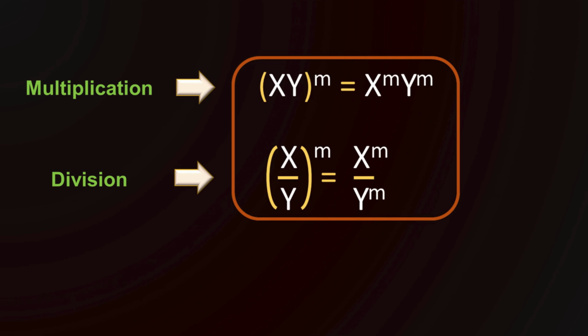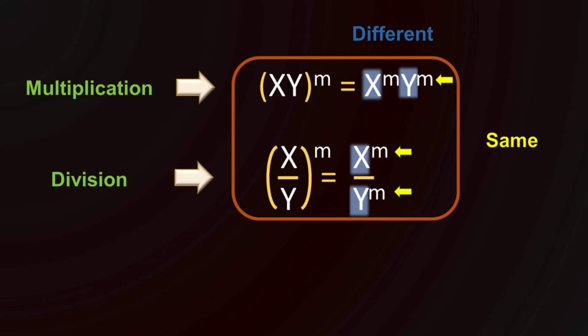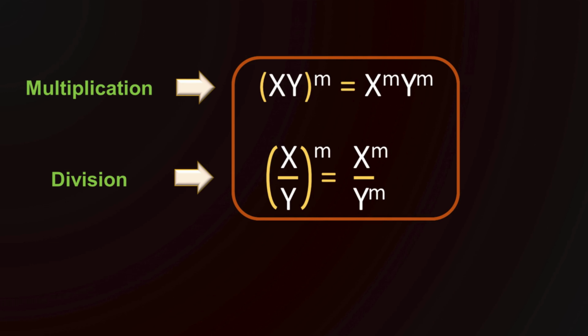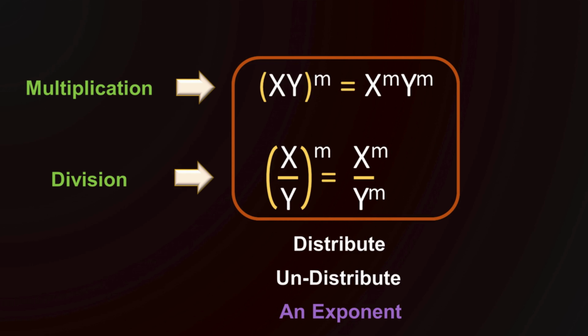But now, the bases are different, but the exponents are the same. Kind of exact opposite situation from the last pair of laws. It turns out that these laws aren't about simplifying exponents. They're about how you can distribute, or undistribute, a common exponent to different bases.